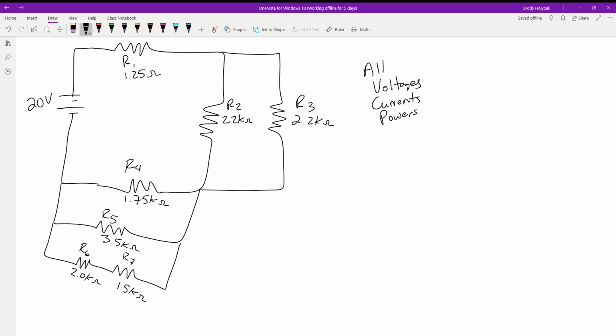2.0K. Yep, 2K. 125 ohms, 2.2K ohms, 2.2K ohms, 1.75K ohms, 3.5K ohms, 2.0, and 1.5K ohms.